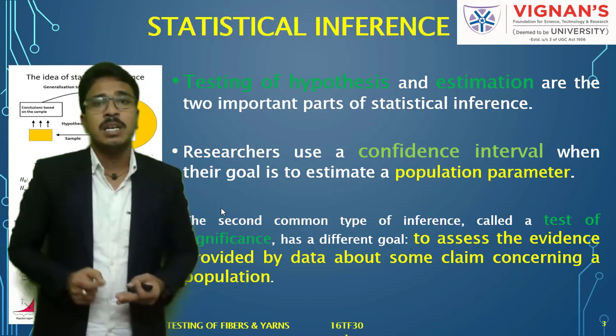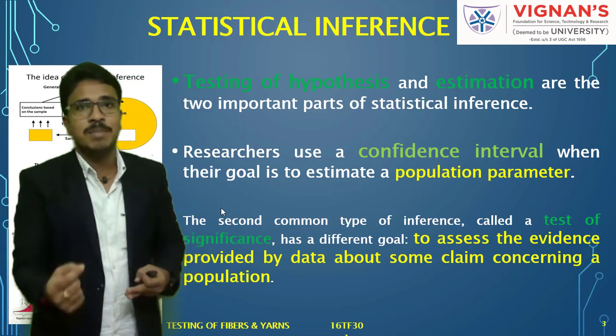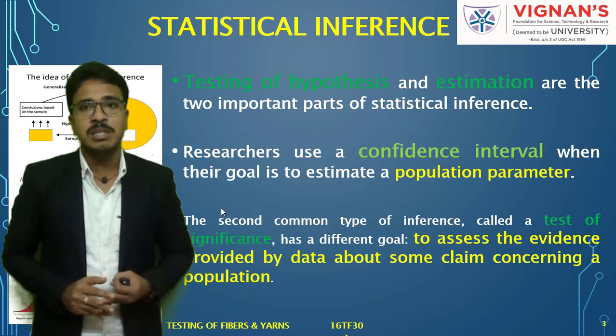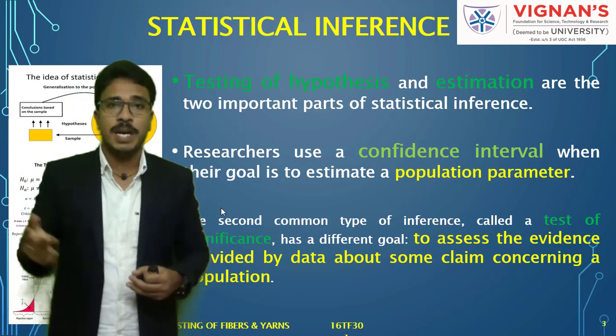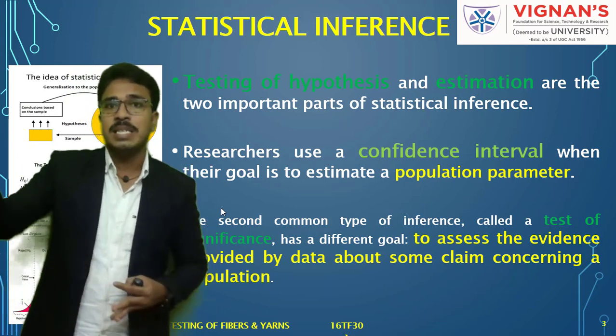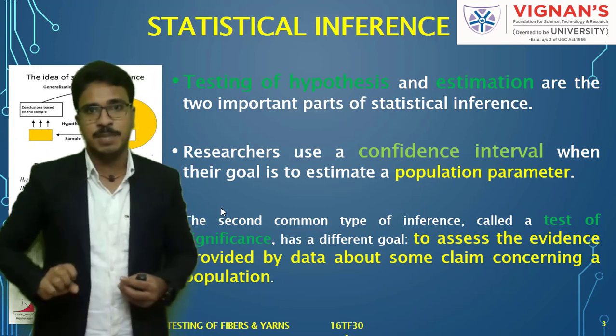Again I am repeating, the goals of testing of hypothesis and estimation are different. The main aim of estimation is to measure the unknown population parameters from the sample selected from that population.